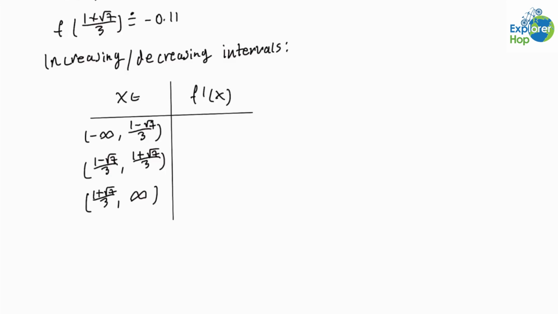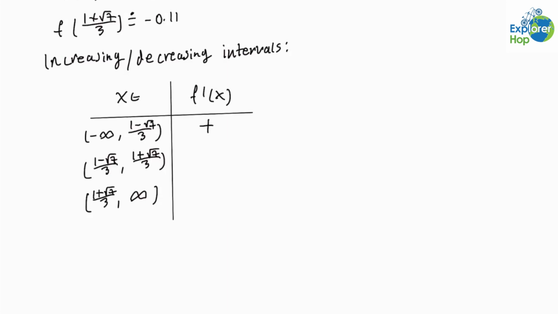And to determine the sign of the derivative in an interval, we can sub a value of x in the interval into the derivative of f of x. So if x is in the interval from negative infinity to 1 minus root 7 over 3, then we can sub negative 1 into the derivative of f of x. And we get that the derivative of f of x is positive.